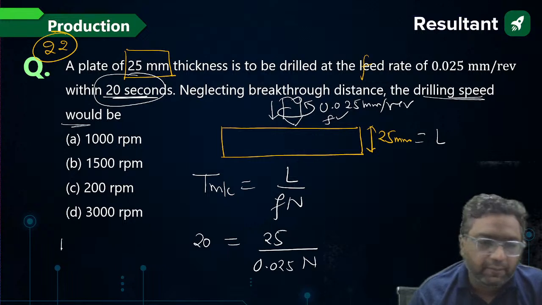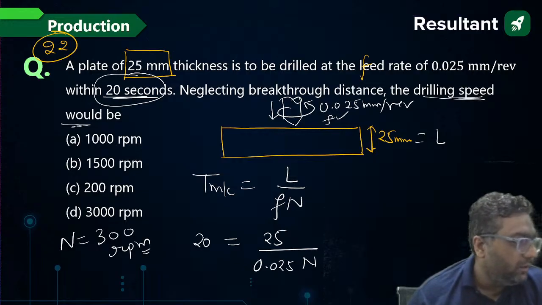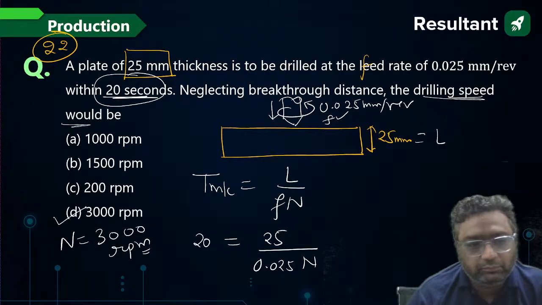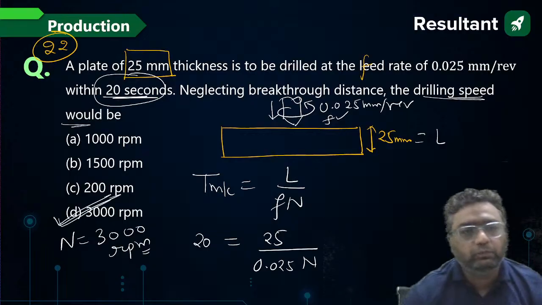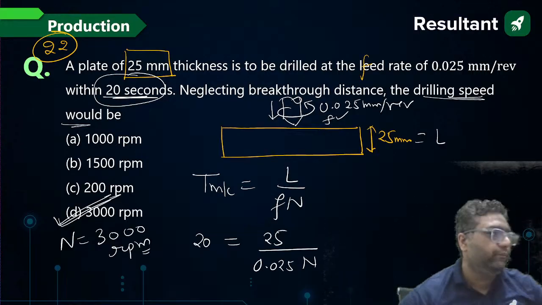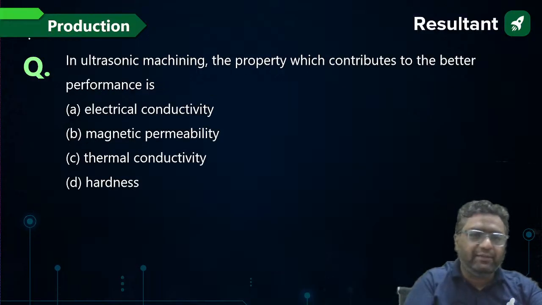N will be coming out to be 300 RPM. Got it? Sorry, 3000 RPM. Yes, everyone got it. 3000 RPM is going to be the answer. Moving to question number 23, guys.